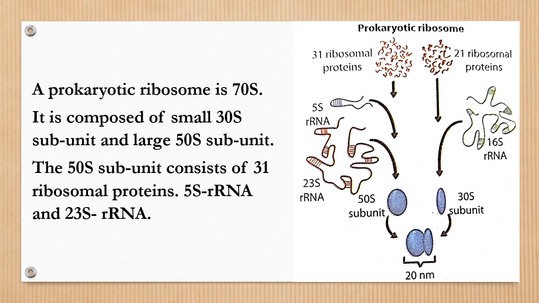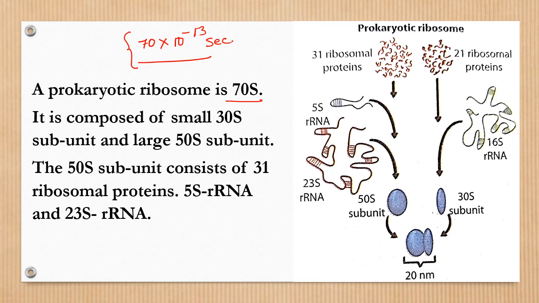A prokaryotic ribosome is 70S. So 70S means 70 into 10 to the power of minus 13 seconds, the sedimentation time of these prokaryotic ribosomes.